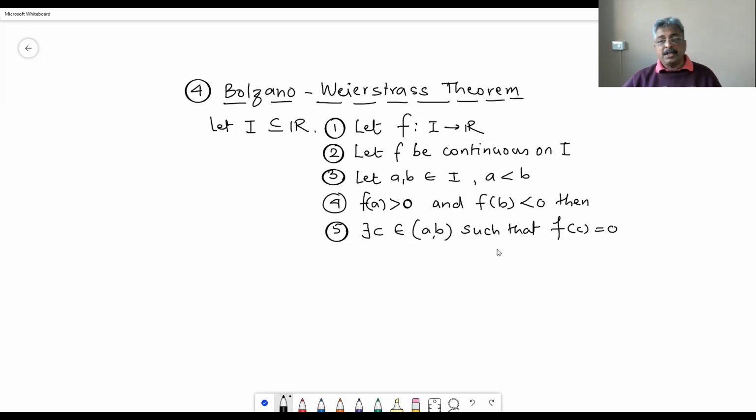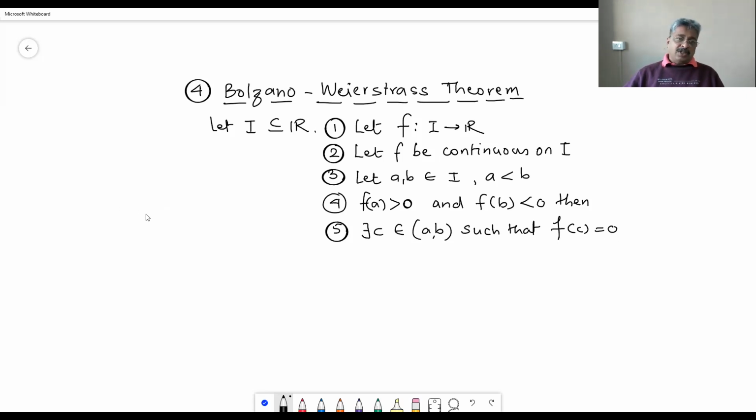This is a very, very simple theorem because it is an intuitive statement. If the value of the function is greater than 0 at a, and the value of the function is less than 0 at b, a is less than b, and f is continuous, then you are bound to get at least one c in the open interval a comma b where the value of the function is going to be 0.